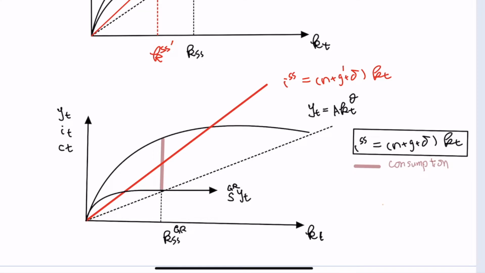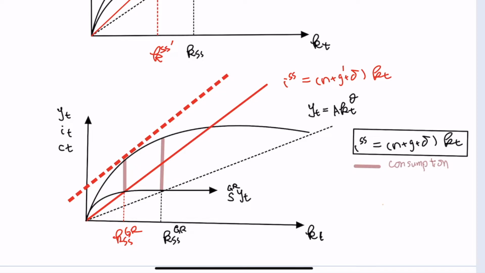To find the new golden rule saving rate, we need to find a line that is parallel to the new steady state condition. We will find here that the consumption is maximized, and it corresponds to a new capital star in the steady state. So the saving rate is the saving rate that will give us this new golden rule level of the capital star in the steady state.